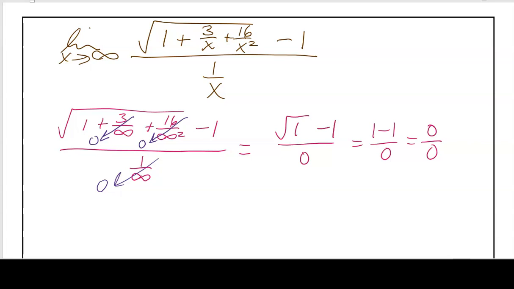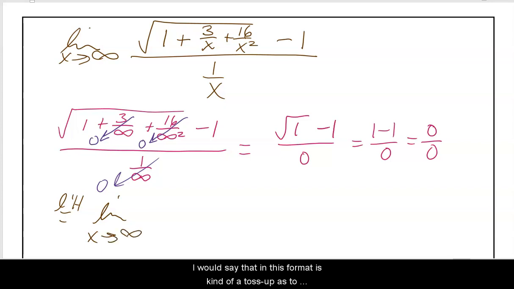So I'm going to have L'Hopital's rule. I would say that in this format, it's kind of a toss-up as to whether L'Hopital's is better than the algebraic. So I'm going to take the derivative of the radical, and the derivative of a radical is 1 over 2 the radical. Don't change the inside.